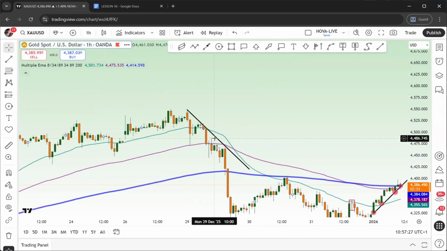All right. Price needs to move away from this one, and needs to bounce back.